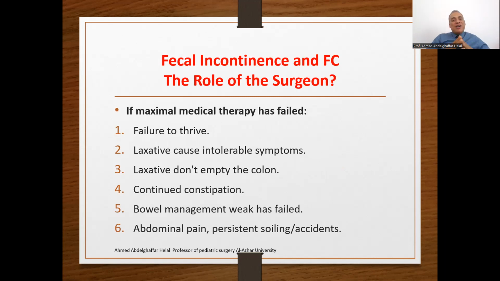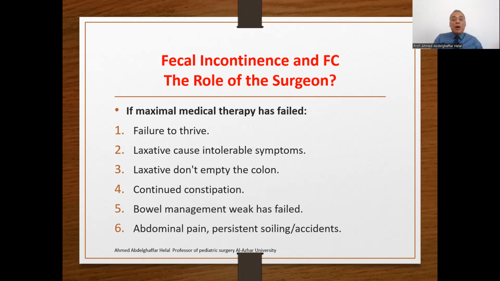Fecal incontinence and functional constipation, the role of the pediatric surgeon. If the maximal medical therapy has failed, the child will be referred to the pediatric surgeon. Failure to thrive means not growing, child not growing. Laxatives cause intolerable symptoms. Laxatives don't empty the colon. Continued constipation.